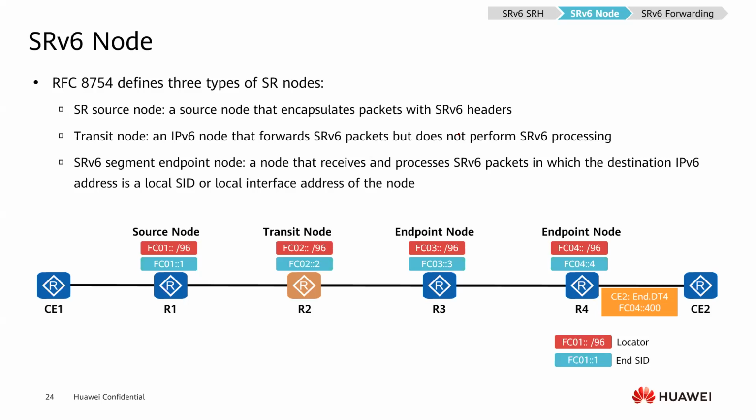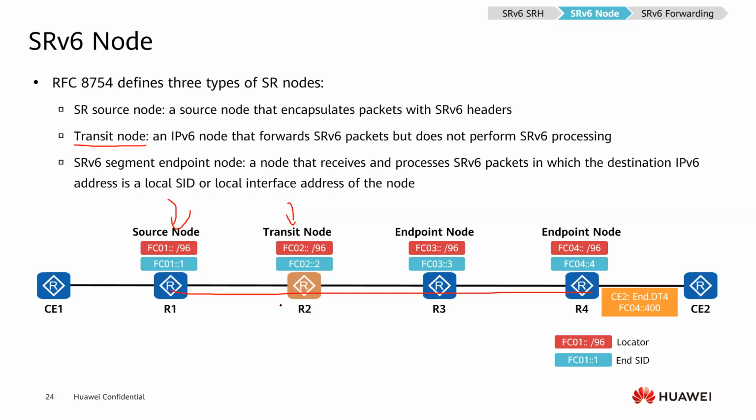For this solution, we have three types of node. First is the source node, which means the SRv6 terminal source. Source node, I guess, is very easy to understand. Another is the transit node. The transit node means I will not participate and will not be a part of SRv6.